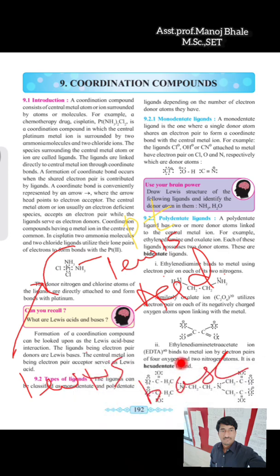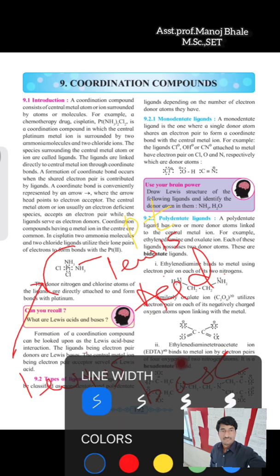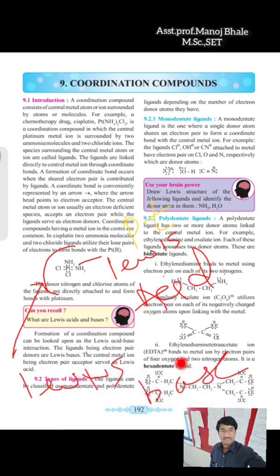So how do we write this structure in simple form? Let's write the structure here. This is platinum, which is surrounded by four ligands: NH3, NH3, Cl, and Cl.